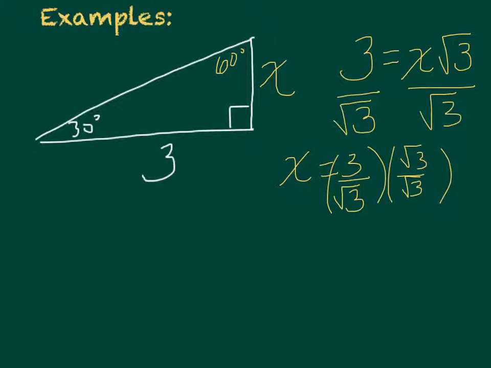So what happens here is we end up with x is equal to 3 radical 3 over 3, and so x is equal to radical 3.